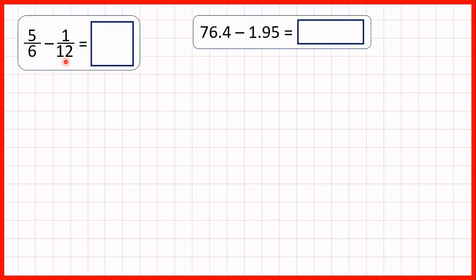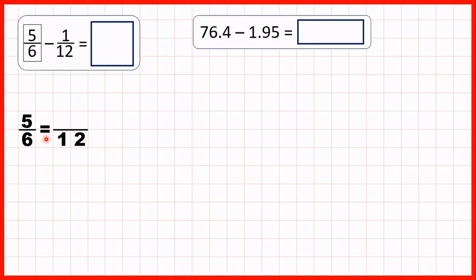5/6 minus 1/12. So we're subtracting fractions, but we have a problem here because to subtract fractions, we need the denominators to be the same. Now 12 is in the 6 times table, so we can find a fraction equivalent to 5/6 which has a denominator of 12.